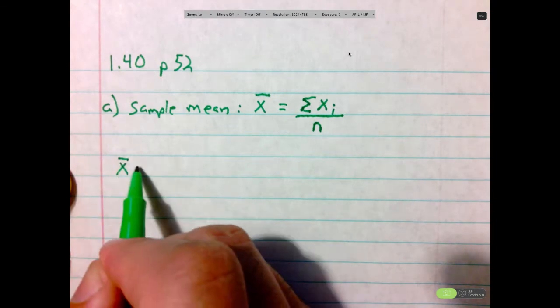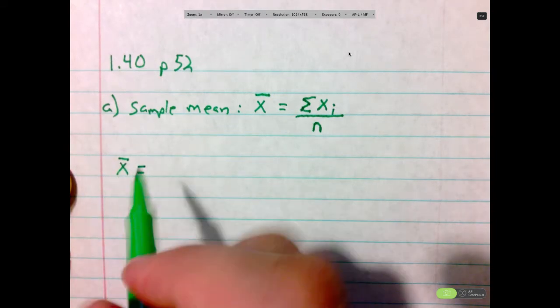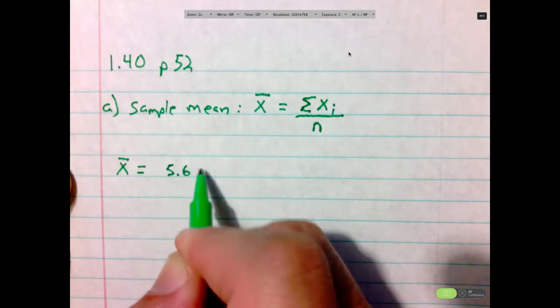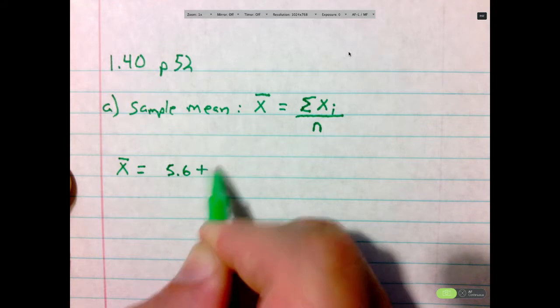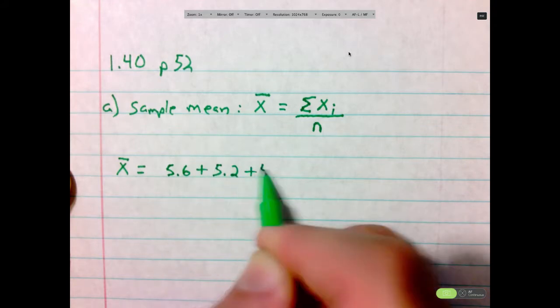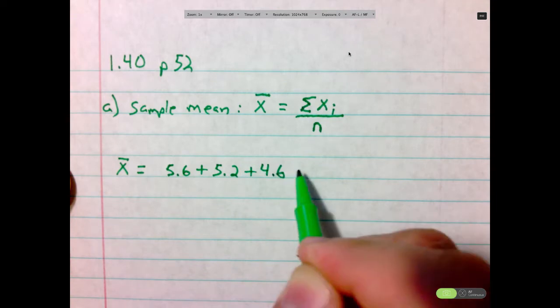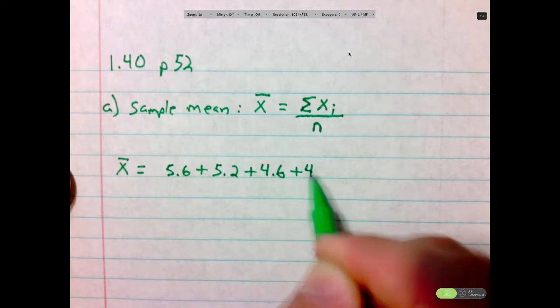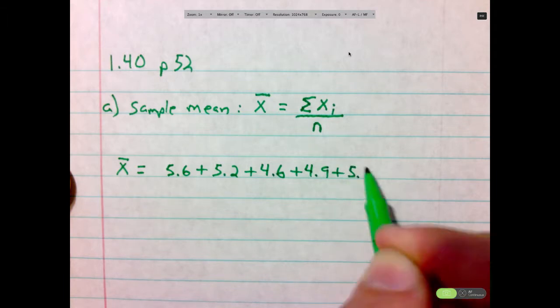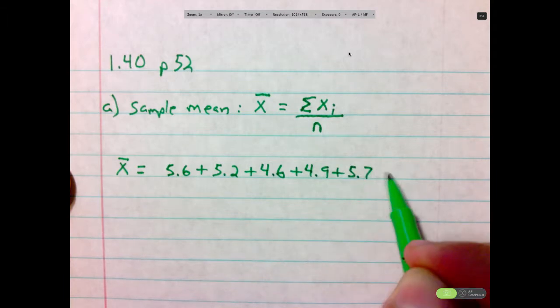X bar will equal the sum of the numbers, the first number being 5.6 plus 5.2 plus 4.6 plus 4.9 plus 5.7 plus 6.4.